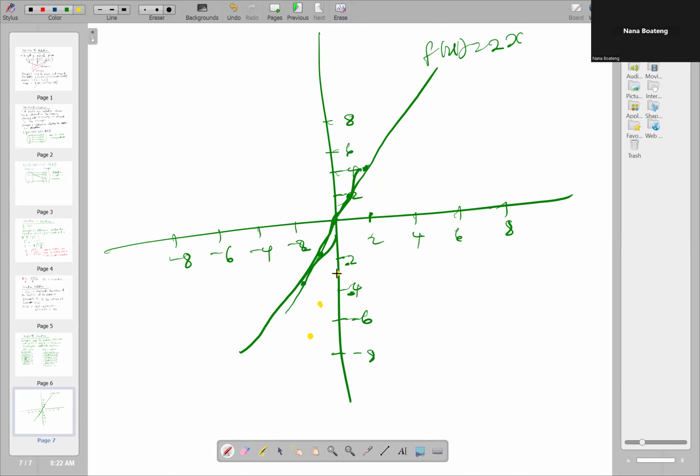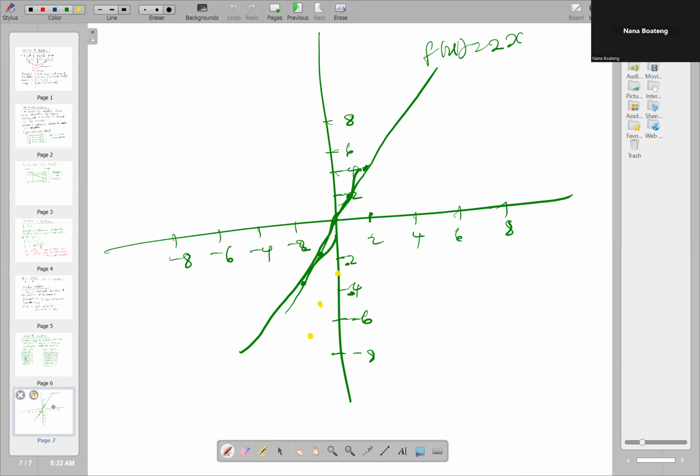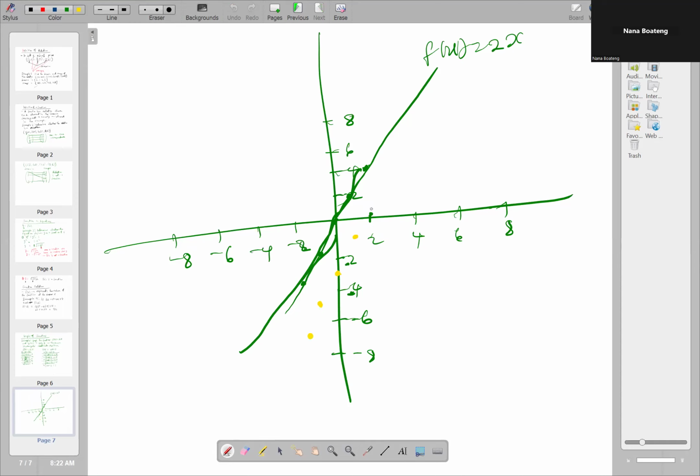The next one is 1 and -1, about here. And the last one is 2 and 1, about this point here.